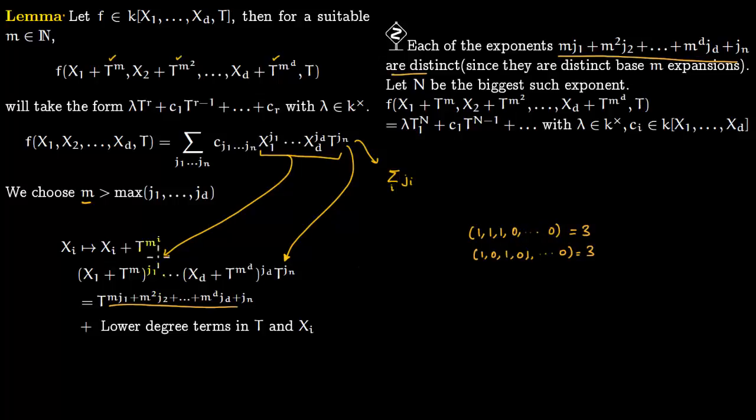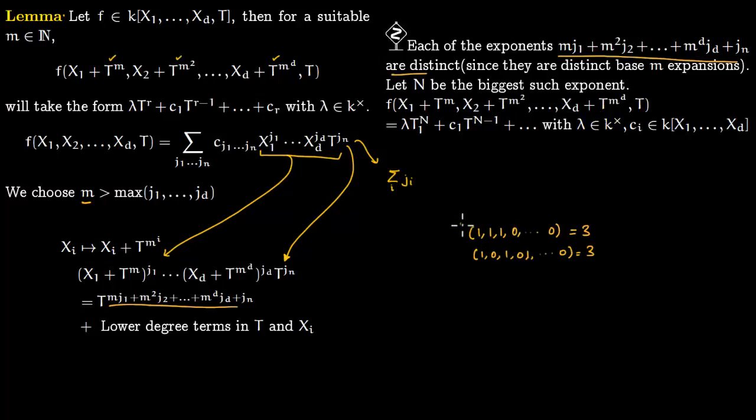And to do that, precisely that's why we have taken m to the power of i, because now although they have the same degree, we have the expansion in terms of m j1 plus m squared j2. So this will be j1, this will be just m, this term would be m squared, and then the third term would be m cubed, and everything else would be 0. And similarly for the other.